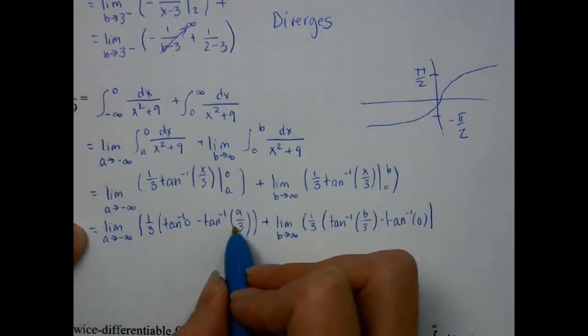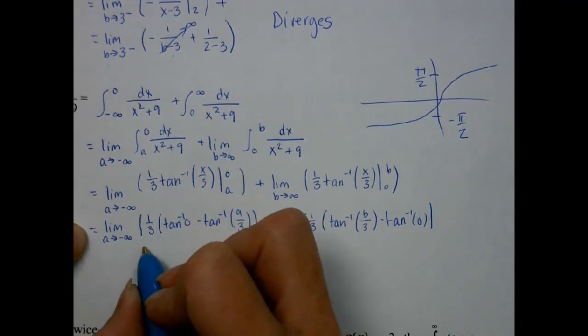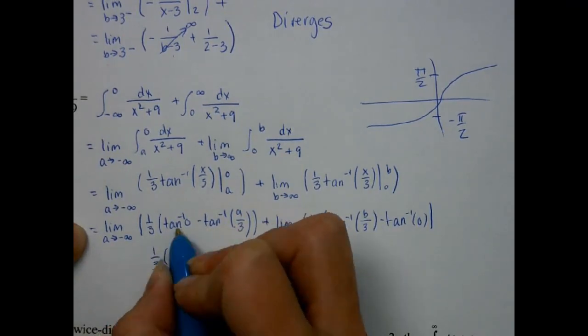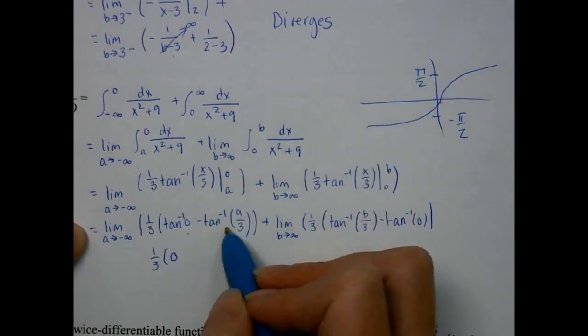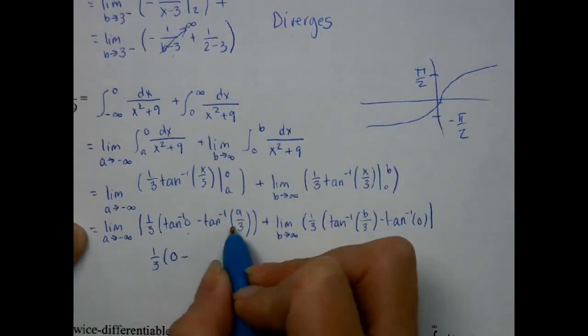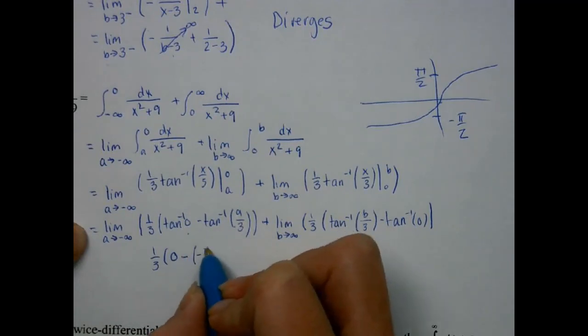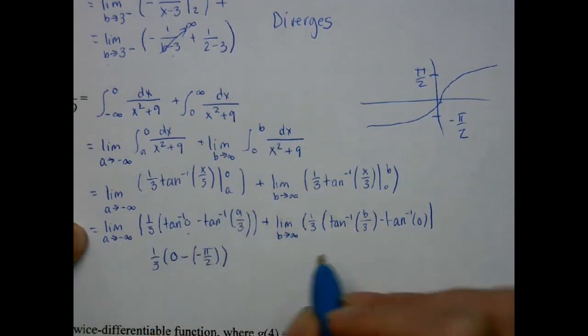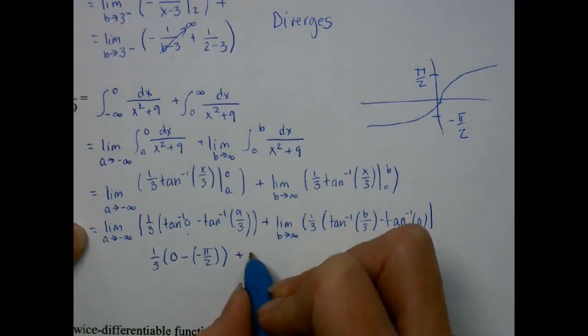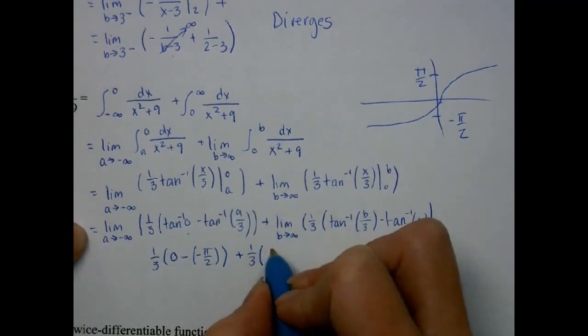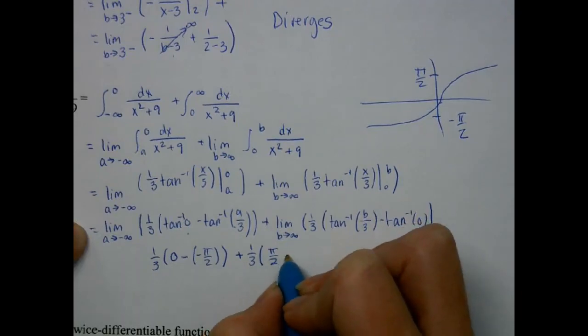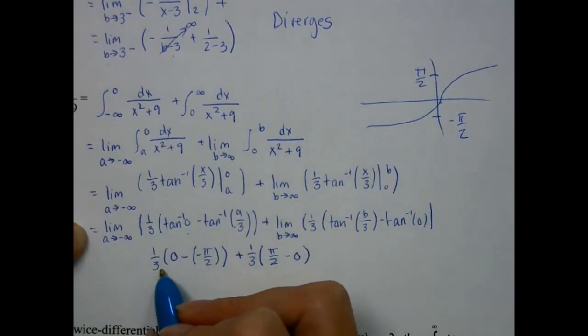As we go to negative infinity, this is going to be negative pi over 2. As we go to infinity, that one's going to be pi over 2 minus 0. So we're going to have 1/3 times pi over 2 is pi over 6. Another pi over 6 makes this 2 pi over 6 or pi over 3.